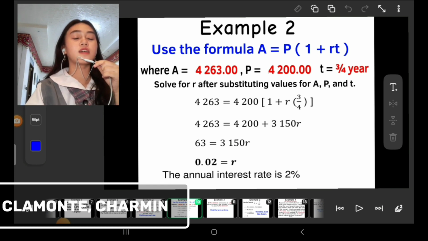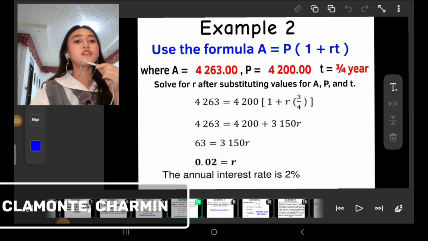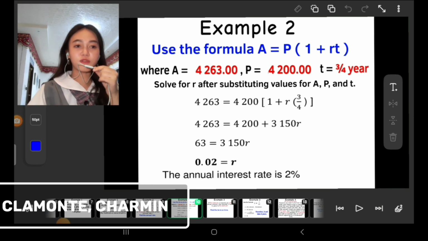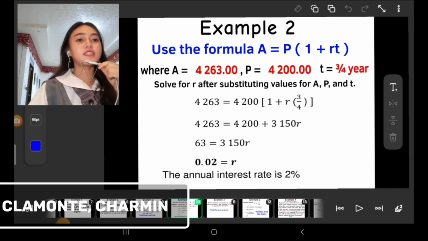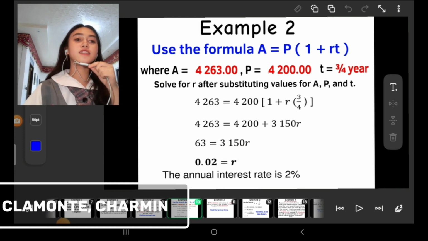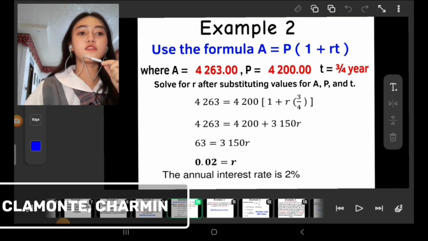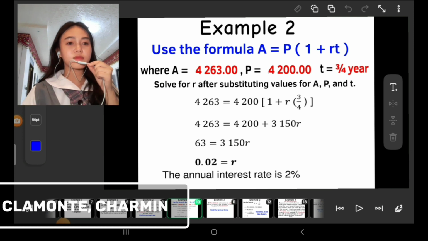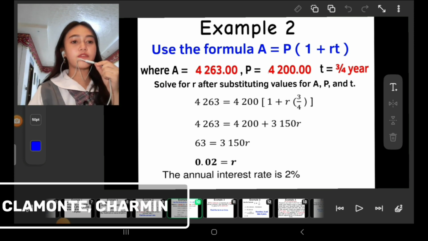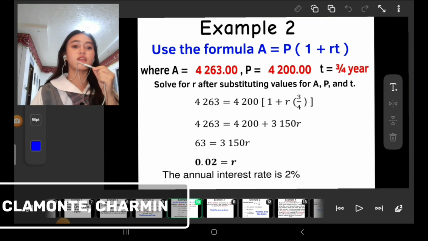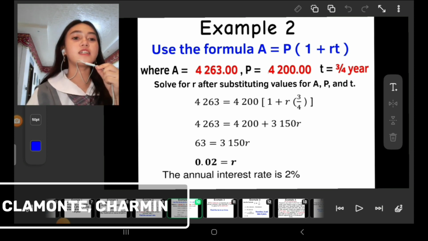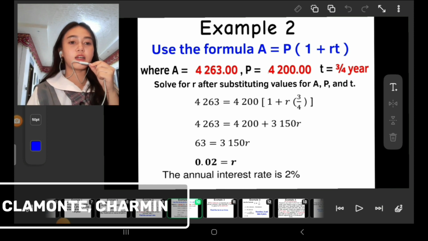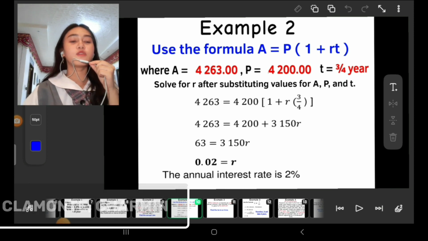The time is 3/4 of a year. 4,263 equals 4,200 times the quantity 1 plus rate times 3/4. 4,263 equals 4,200 plus 3,150 times rate. So the rate here is 0.02, and the annual interest rate is 2%.